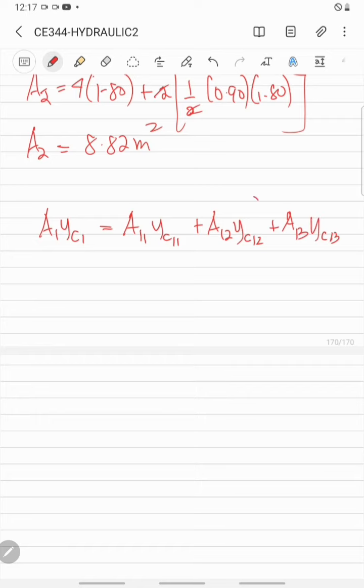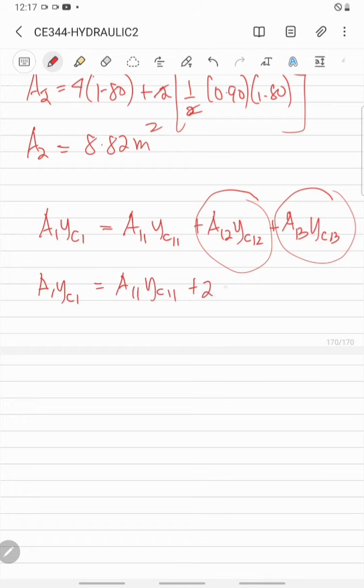Since these two are equal, we can write A1 yc1 is equal to area 11 yc11 plus 2 area 12 yc12. Then we will substitute the values.